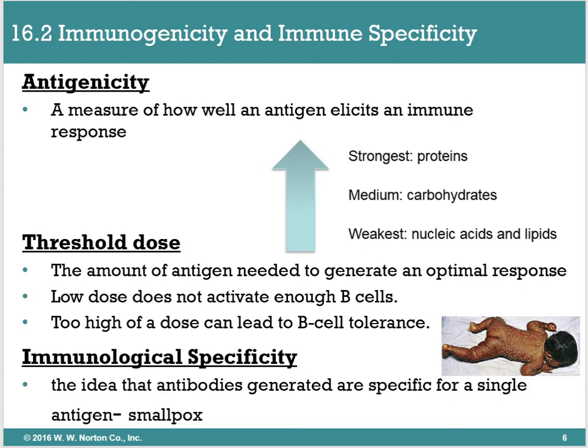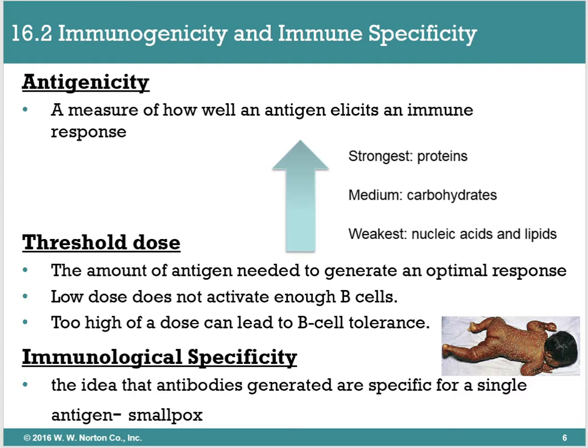And then the last one is immunological specificity. This is where antibodies are generated for one sole antigen ever. This is how we get a very good immune response, because our antibodies are very, very specific. We'll go into how we actually generate so many antibodies for different types of infections.